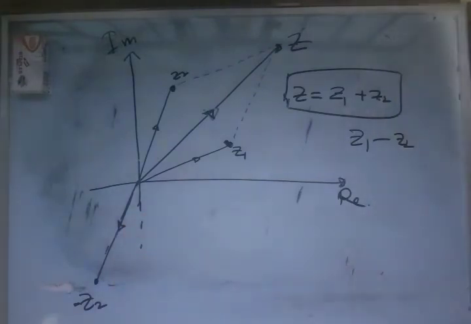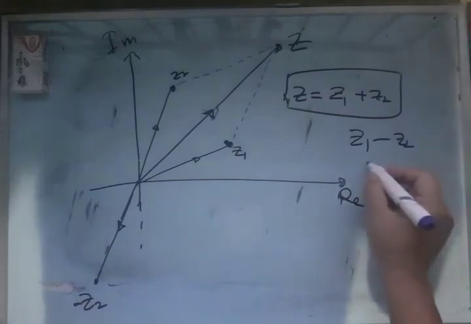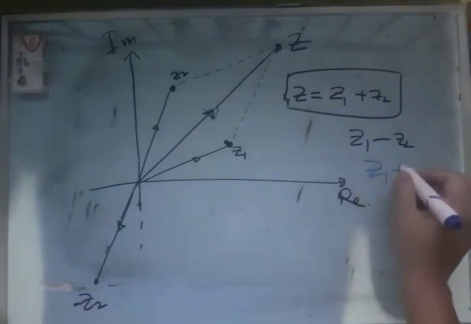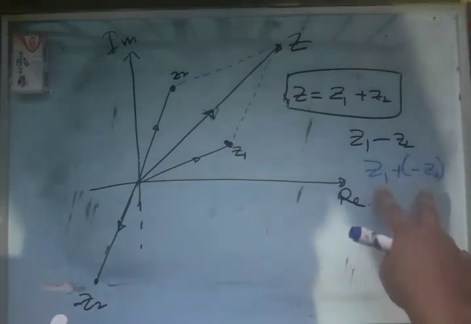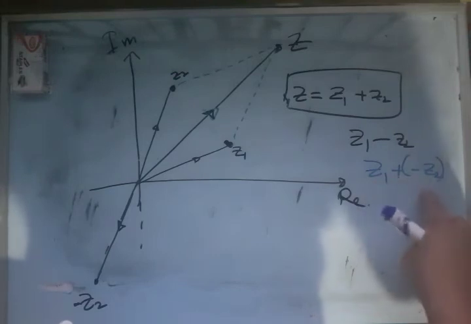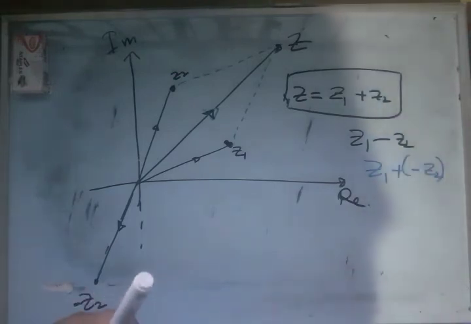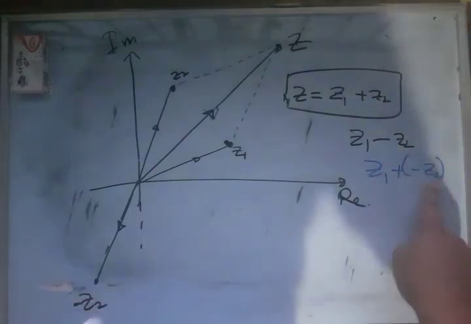Now again we can do the same thing here. Write this as z1 plus minus z2, right? This is again the addition of two complex numbers. In this case, this is z1 and this is the negative of z2.